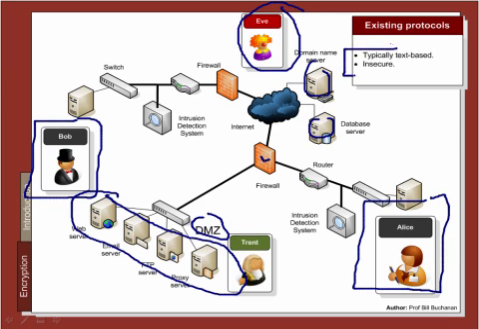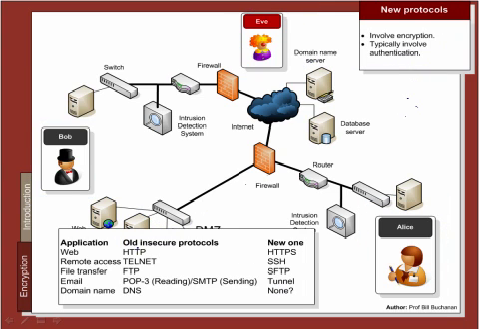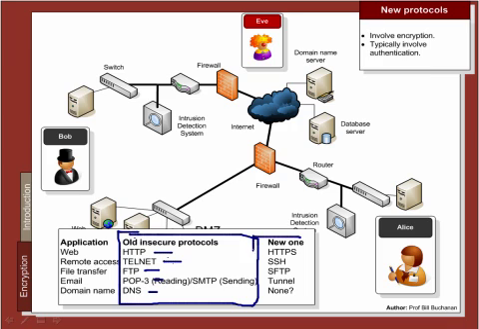Unfortunately, the protocols that we've created to allow the communications are typically text-based and are seen as being insecure. So the problem that we have is that we're moving away from these insecure protocols such as HTTP, Telnet, FTP, POP3, SMTP and DNS into the new domain, which typically involves some sort of security, either in terms of encryption or with integrated authentication.